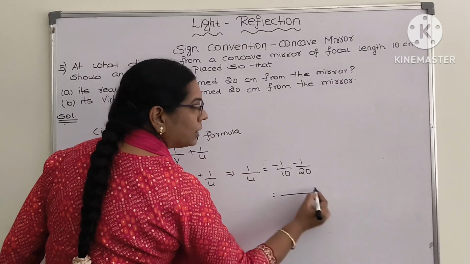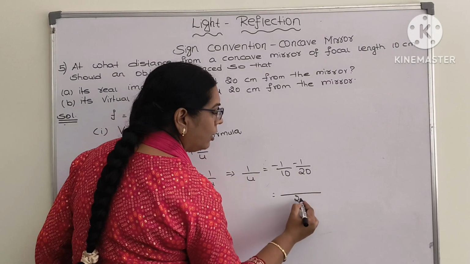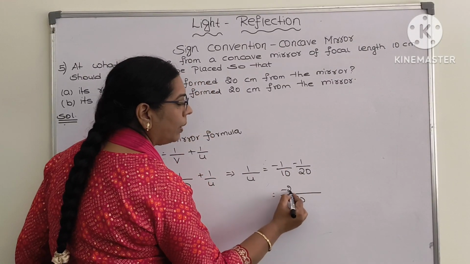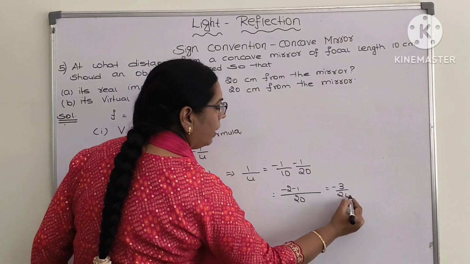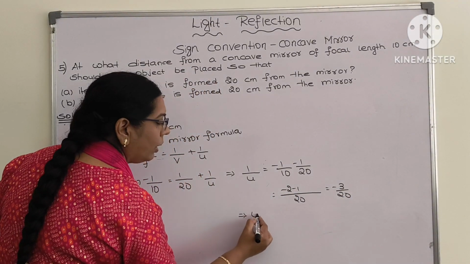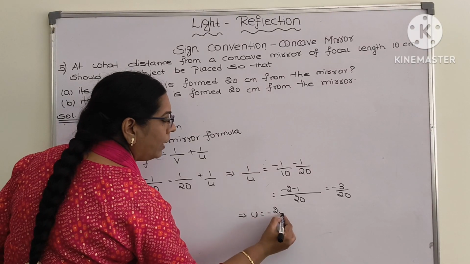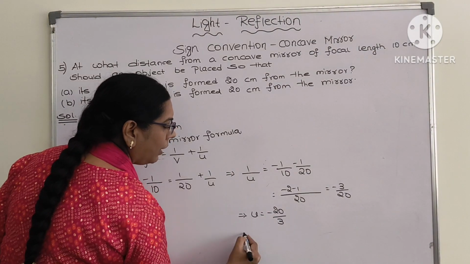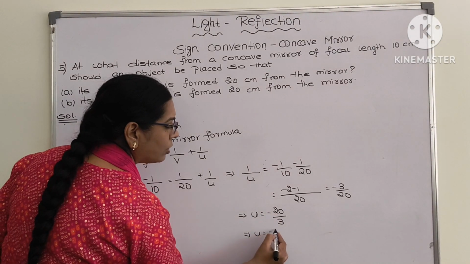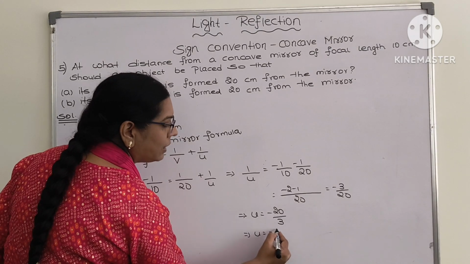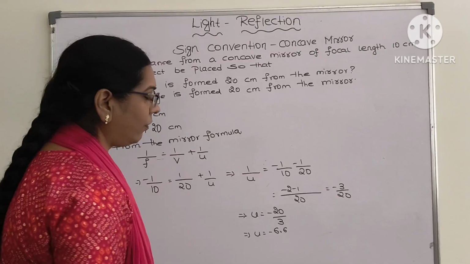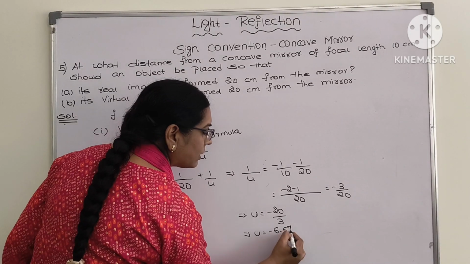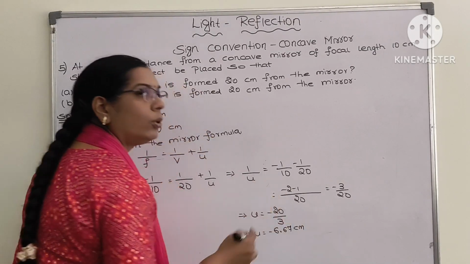The LCM of both the denominators is 20. So when you simplify it, you get minus 2 minus 1, which is minus 3 by 20. Take the reciprocal, u is equal to minus 20 by 3, which means 3 sixes are 18, and then 6.666 something, it will continue. 6.67, so I will round off to 2 decimals.